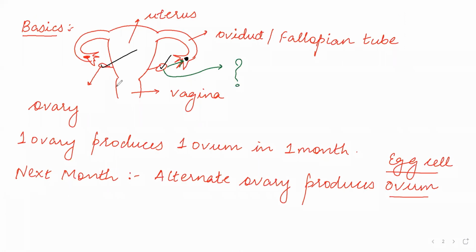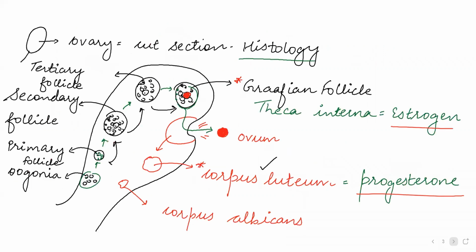We went into the basics and found that the female reproductive system consists of ovary, vagina, oviduct or fallopian tube, and uterus. One ovary produces one ovum in 1 month. In the next month, the alternate ovary will produce an ovum. Another basic, we found the most mature follicle is the Graafian follicle.